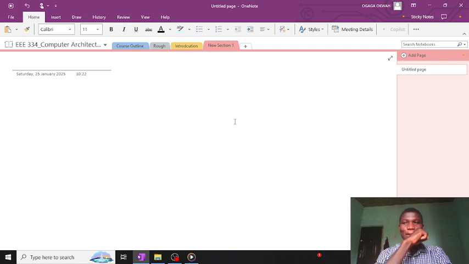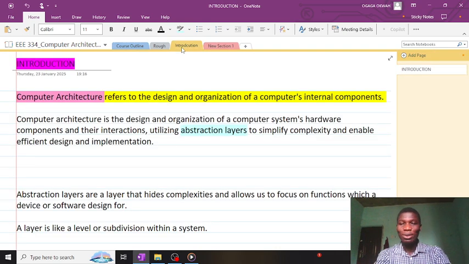So, quickly, this video is on the course computer architecture, and the idea of architecture we know is about buildings and structures, but here computer architecture has to do with the design and organization of computers' inner components.